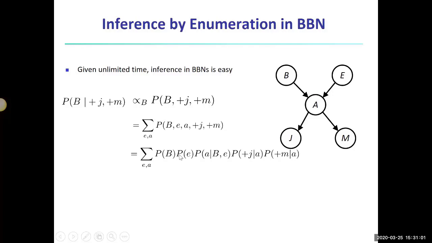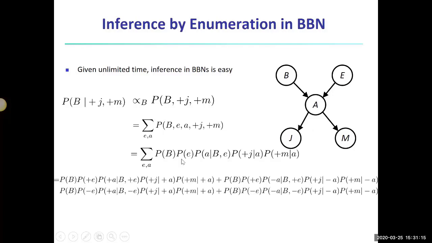We'll have B without parents, E without parents, A conditioned on B and E, and J conditioned on A, M conditioned on A. Once we have that, we will have to plug in all different values of E and A to sum out all the possibilities of the hidden variables.